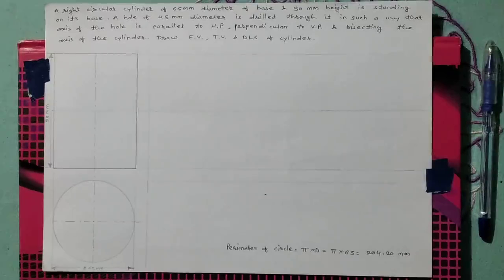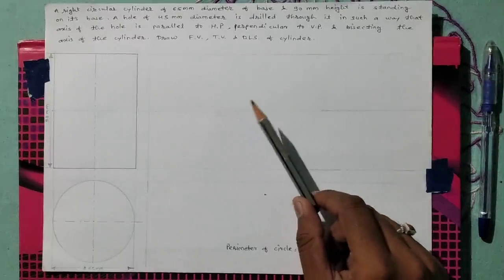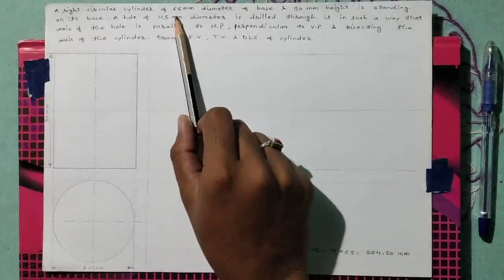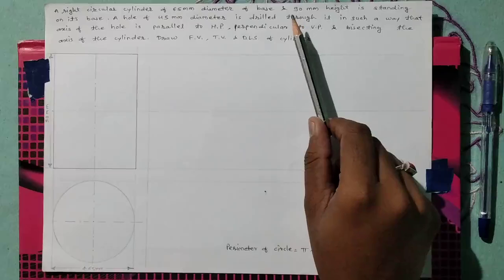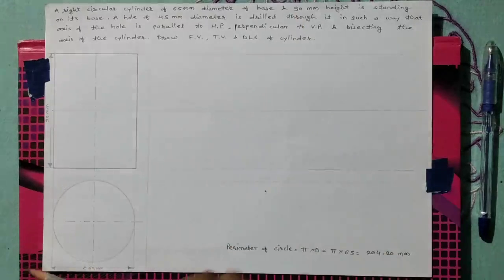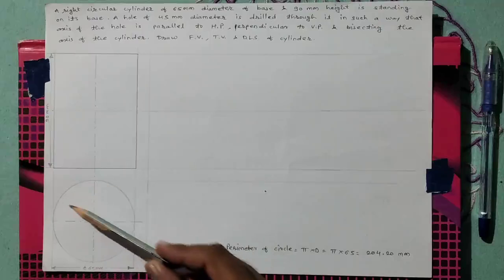First we have to draw the vertical cylinder of base diameter 65 mm and axis height 90 mm. See here, first in the top view, draw a circle of diameter 65 mm.